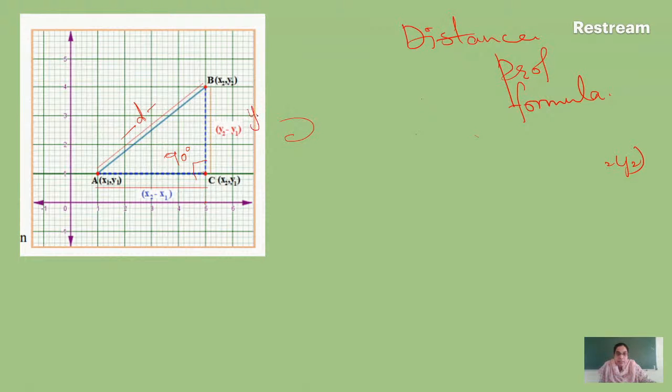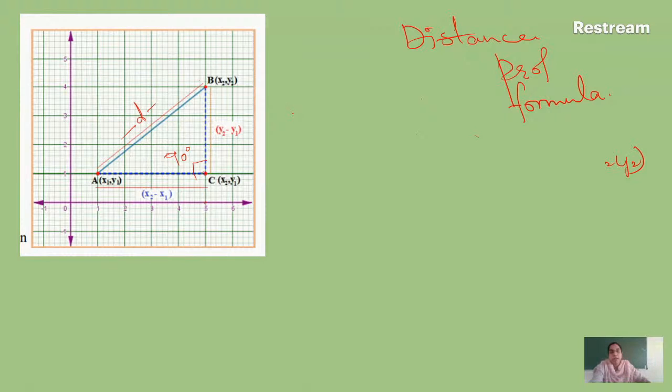The length is y2, right? From C to the x-axis, what is the length? It is y1. The total length is y2, and this small part is y1. If you subtract from B the distance of point C, you will get y2 minus y1.